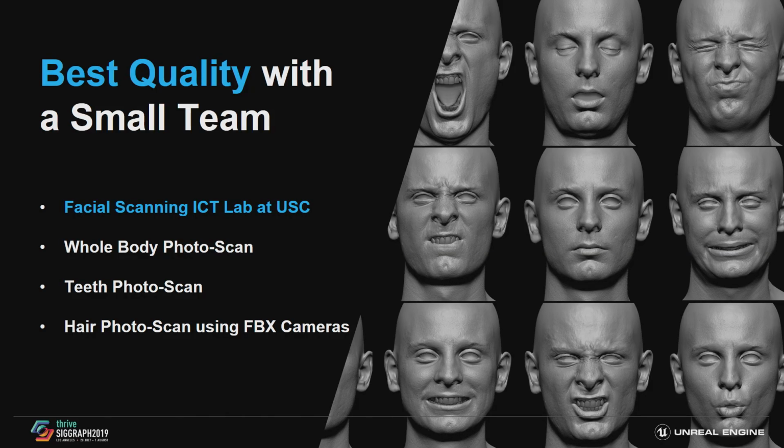In USC. First, we visited the ICT lab at USC and used the Light Stage to scan the face. Then we scanned just a normal face and also 40 different facial expressions for blend shapes. During this process, we were able to scan the face shape as well as all the detail of skin, such as fur and fine hairs.